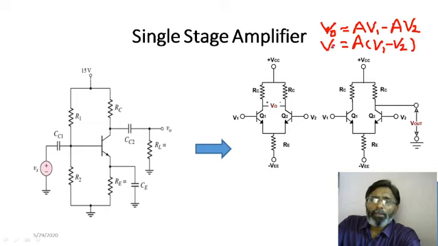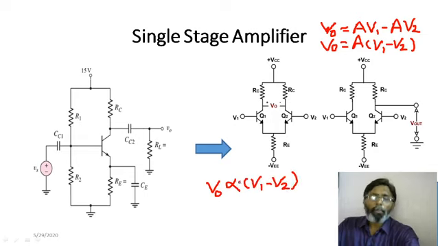Okay. VO is equal to this. So, I can write here VO is directly proportional to V1 minus V2, and the proportionality factor is A. So, this indicates that my VO is directly proportional to the difference between the two inputs. So, that is why this amplifier is known as difference amplifier.